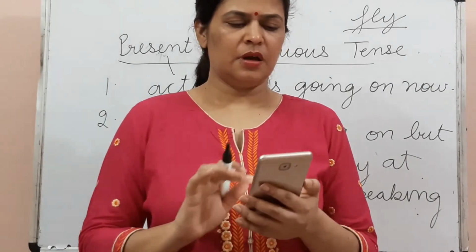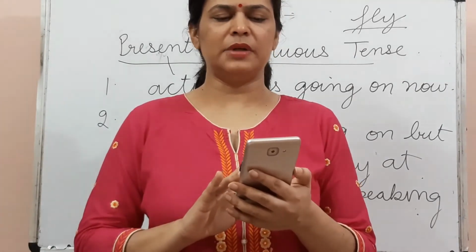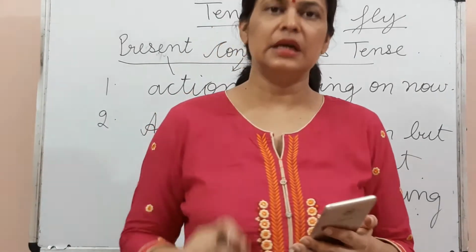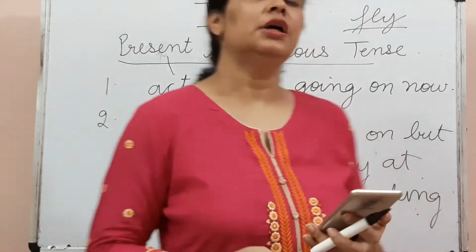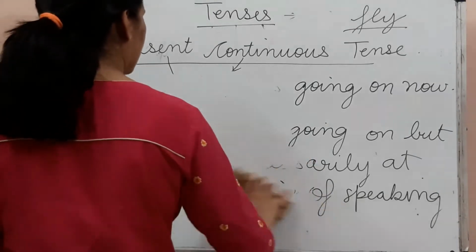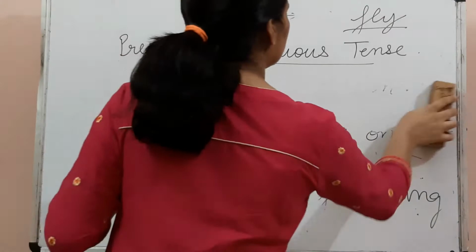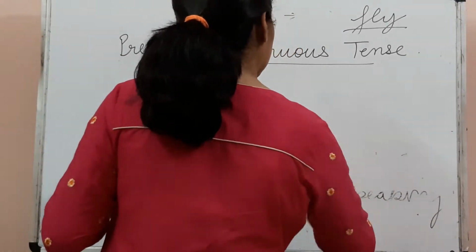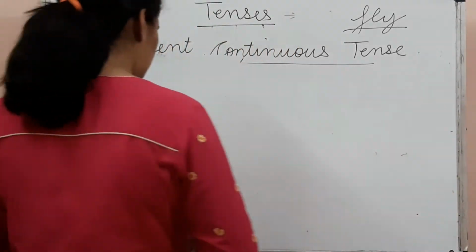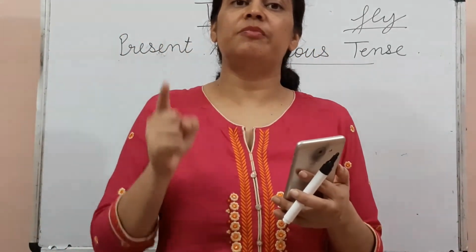Next. Note that certain verbs are not normally used in the continuous tense. Now very important note here. You should remember that there are certain verbs. You have to actually learn this table. What is exactly about these verbs? These are the verbs of perception.